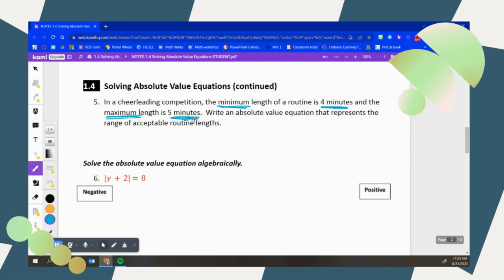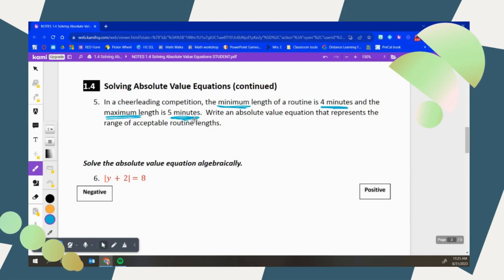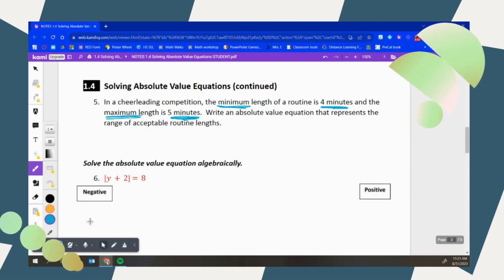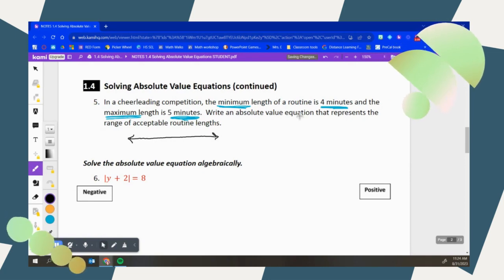So what are 4 and 5 in relationship to the whole problem? Those are our solutions. That's the minimum and the maximum, right? Just like on the last problem, 8 was the minimum value, 18 was the maximum value. Same idea here. So let's draw ourselves a number line. What we're trying to do is write an absolute value equation.